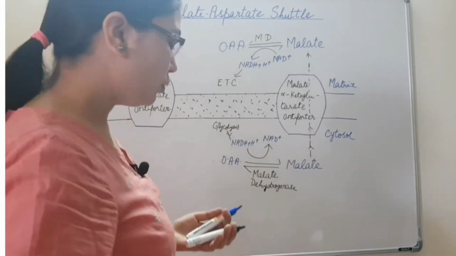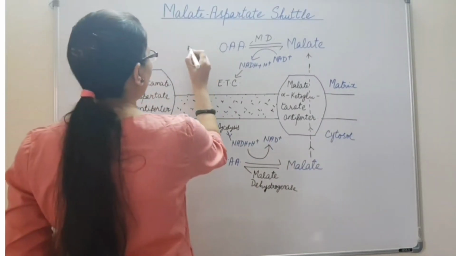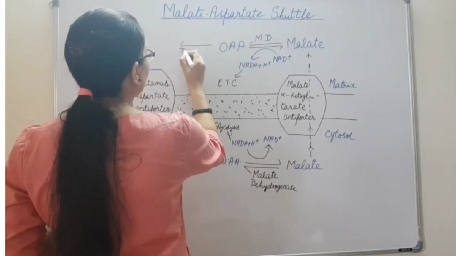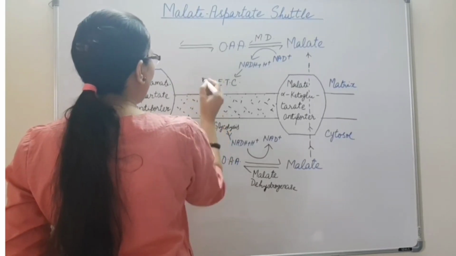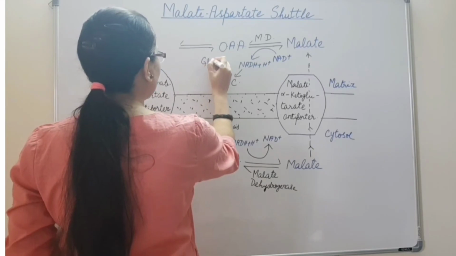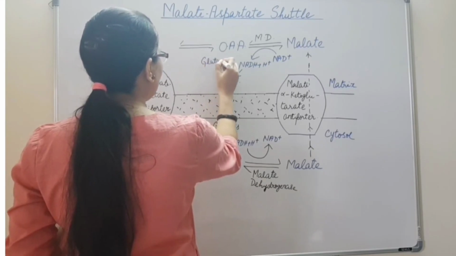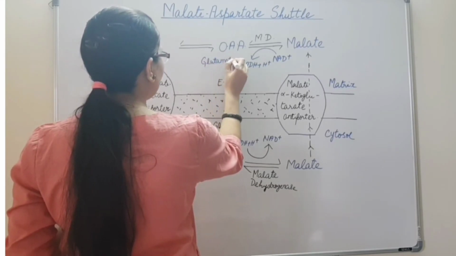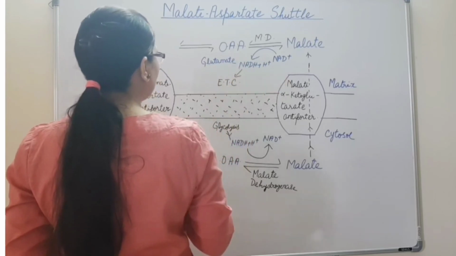Now what happens to this oxaloacetate? This oxaloacetate then takes amino group from glutamate that is also present in the matrix.